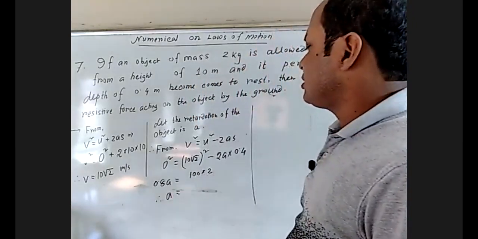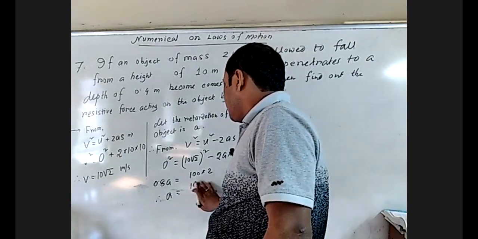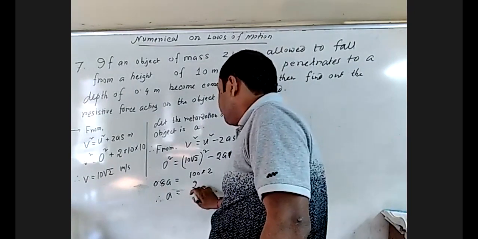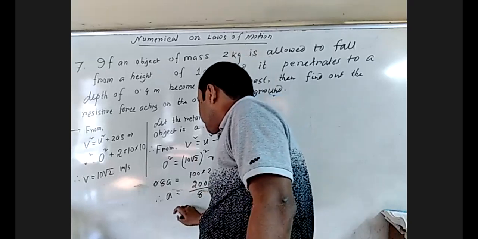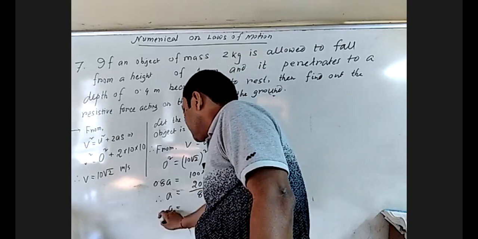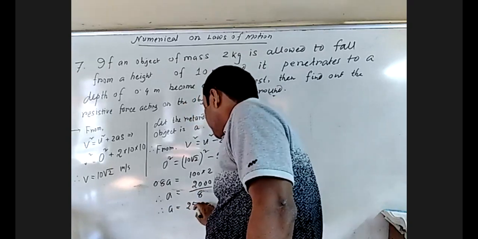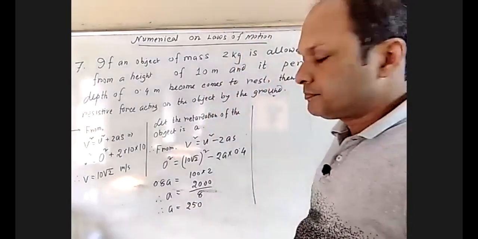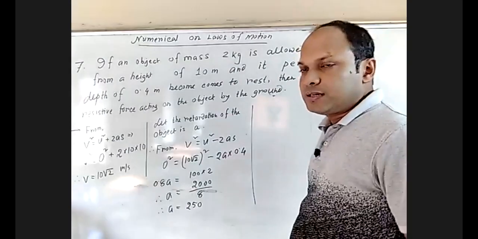So it will be how much acceleration? 2000 divided by 8, which is 250. So retardation will be 250 meter per second square.